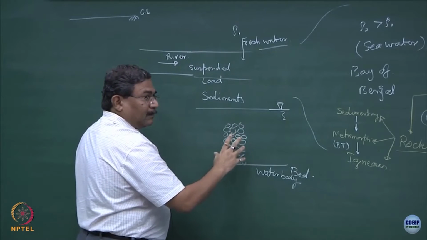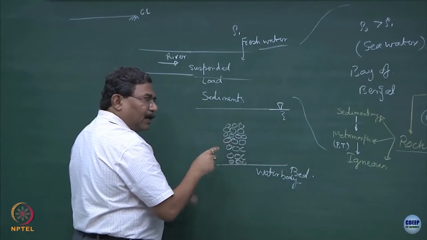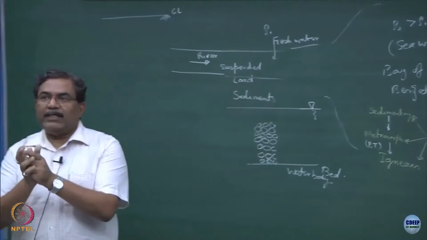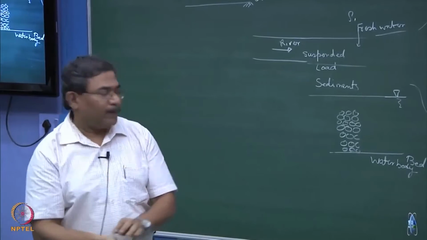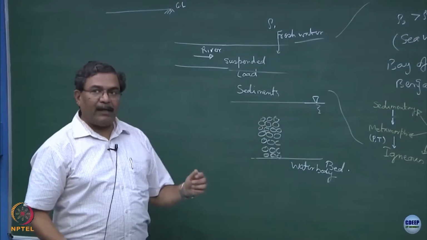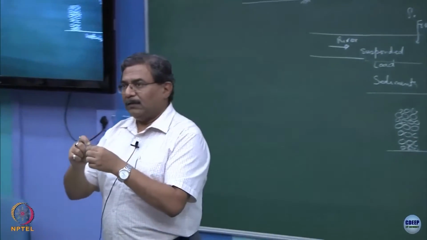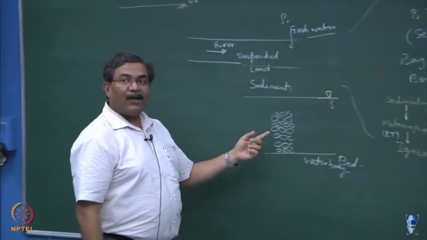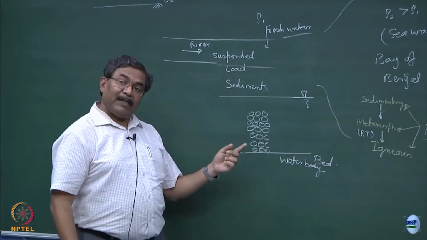Might be a situation where the bacteria starts secreting something and they all become a cohesed material. Cohesed means cohesion. Individual grain is now getting glued because of either microbial activity or it could be because of physical activity also.